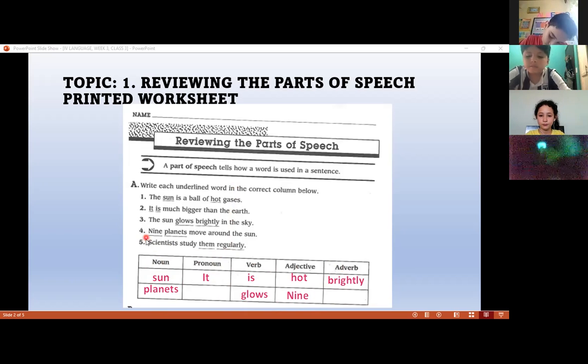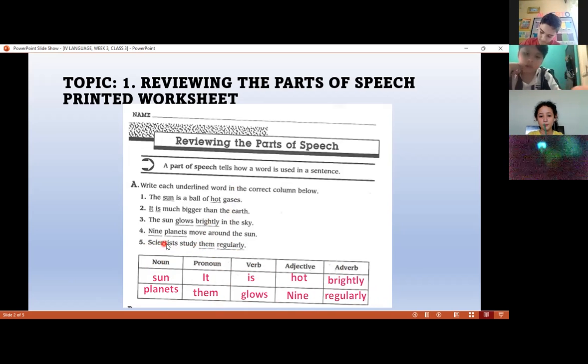In the last sentence, scientists study them regularly. What is them? Them is a pronoun, and regularly is an adverb. I finished. You finished? Yes, Marcelo, you have the worksheet with you. Perfect. Them is a pronoun, class, because it replaces the noun.